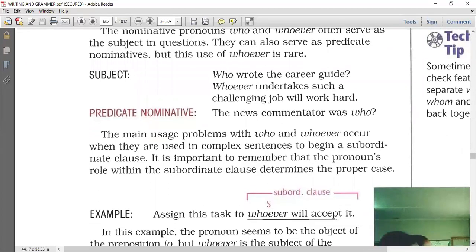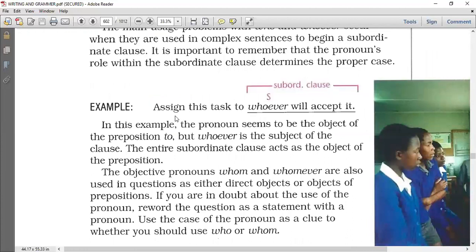Let's see with the example here. Assign this task to whoever will accept it. In this example, the pronoun seems to be the object of the preposition to, but whoever is the subject of the clause. We separate this part here: whoever will accept it.